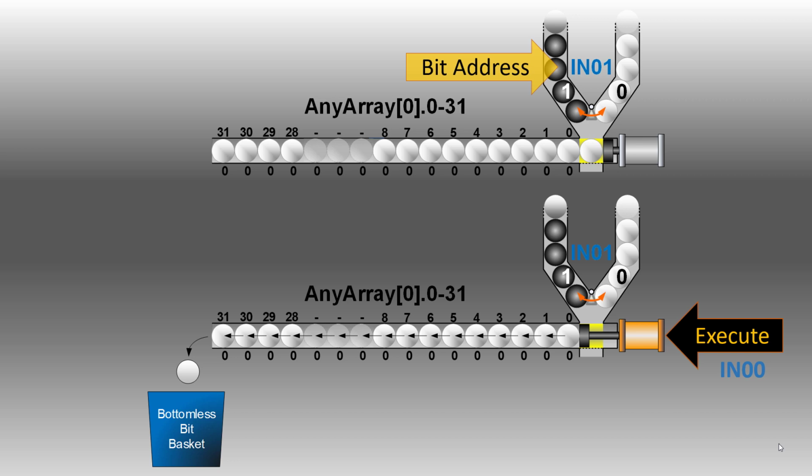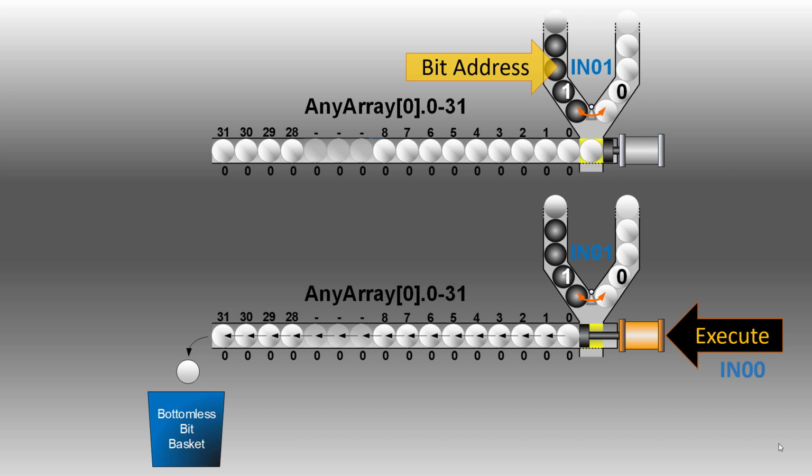The position at the face of the piston that's pushing the ping pong ball to the left, that is the bit address. It is not part of the shift register. It is not an element of any array 0, bits 0 through 31.